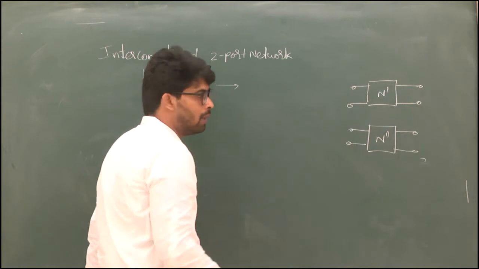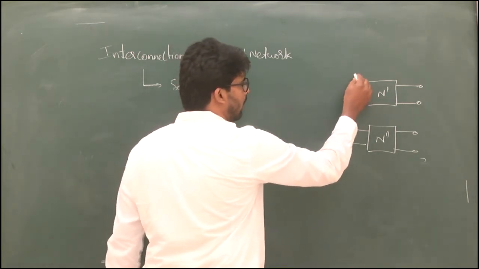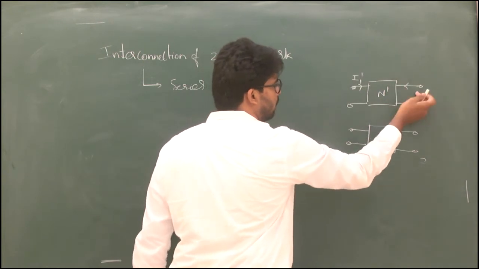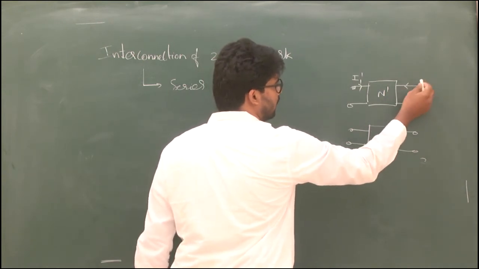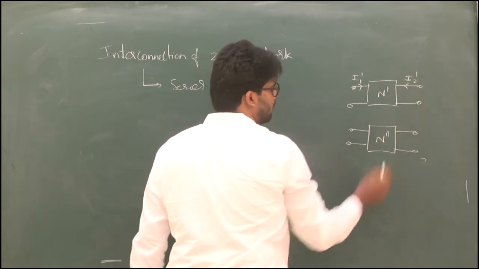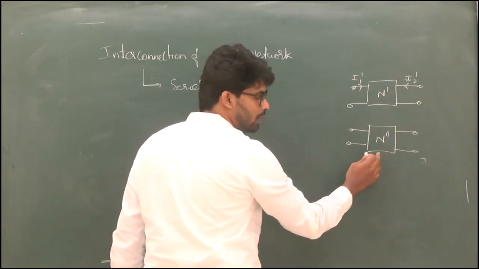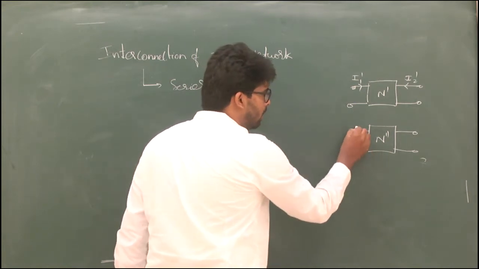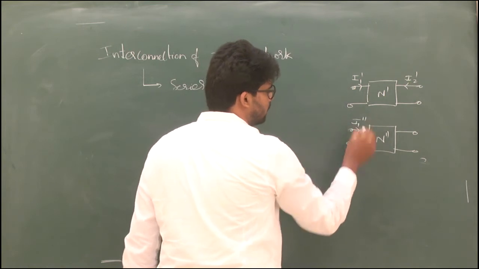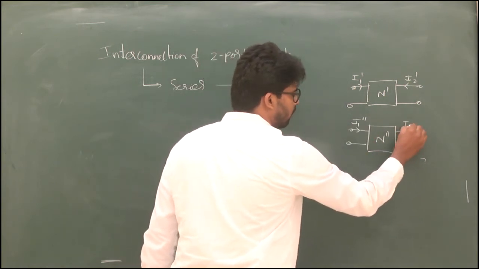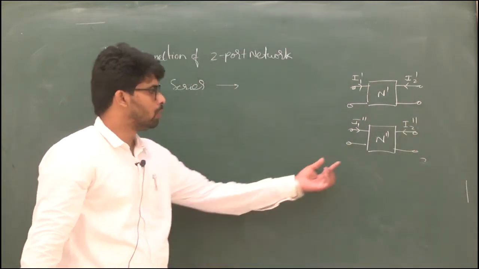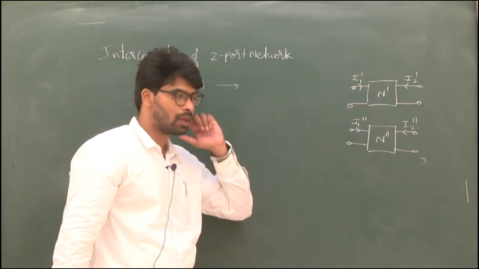I am naming the input current I1 dash, and the current of the second port I2 dash. Then for the network N double dash, the input current is I1 double dash, and the current of the second port is I2 double dash. So to make this series, how will we connect this?